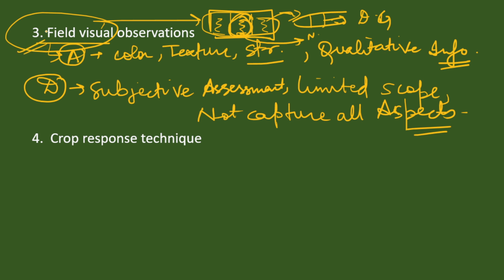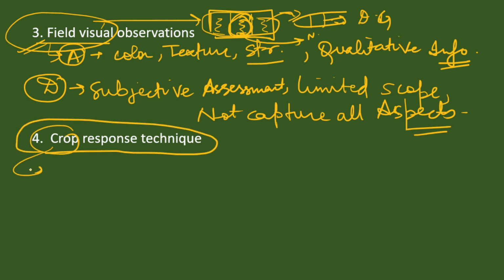So these are the things which can be done through field observations. Next one is the crop response technique. There are several crop based techniques, such as crop response technique. We have also got plant tissue analysis.